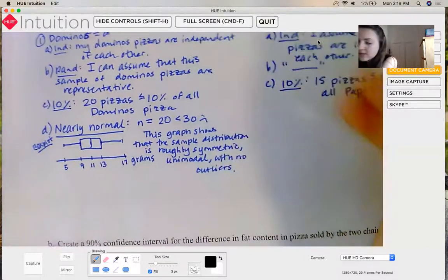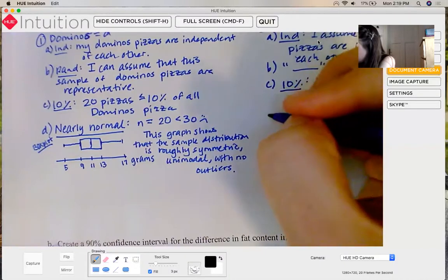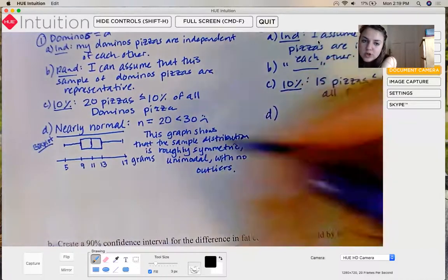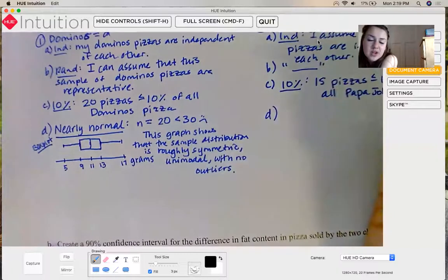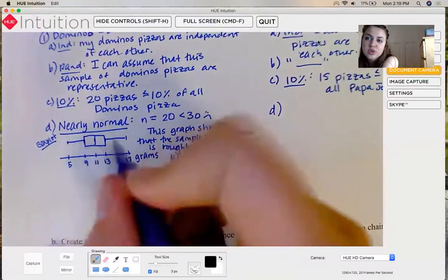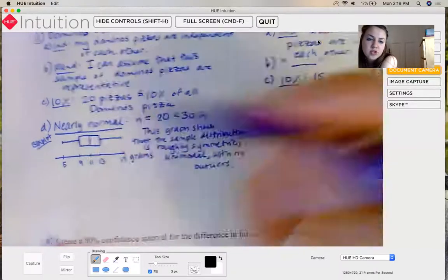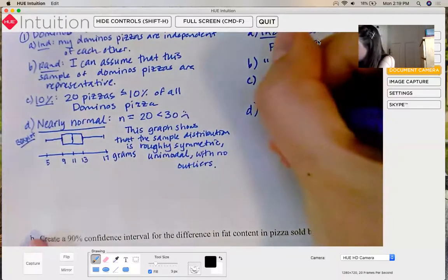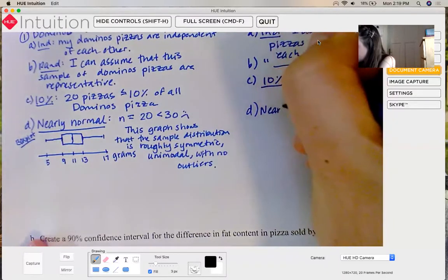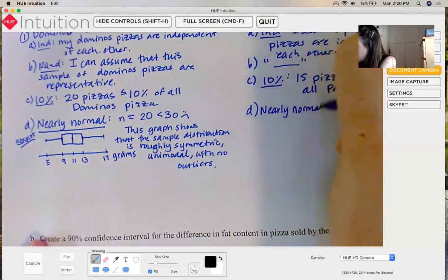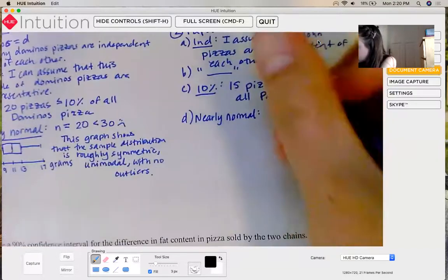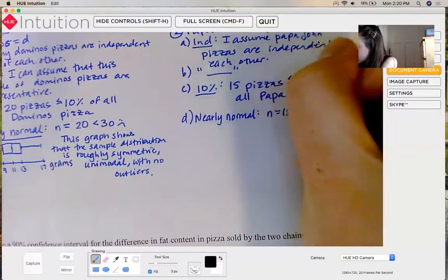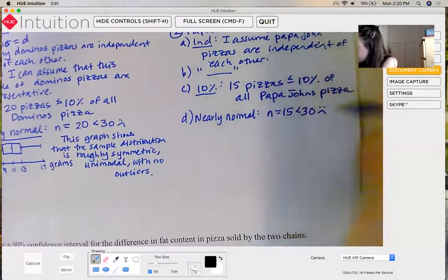Okay, so let's also check this one to see if we can still use a normal distribution. That's really what we're trying to see: would a normal distribution be the best distribution to mimic this? So I'm still going to check the nearly normal condition on this side as well for this box plot. Again, my sample size is not big enough, sad face.